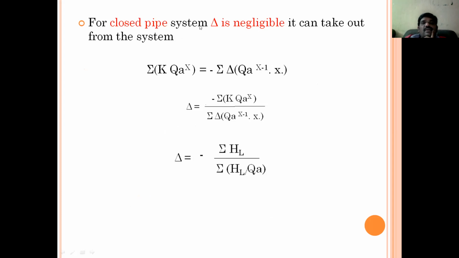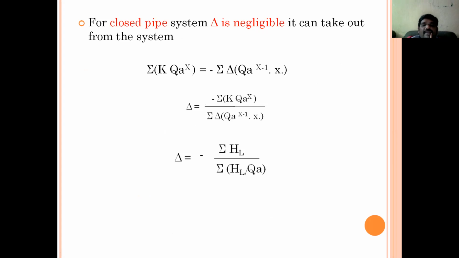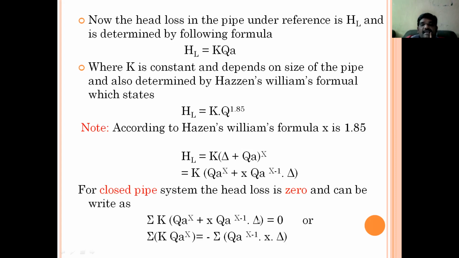Followed by, for a closed pipe system, delta is negligible. It can be taken out from the system, where we can convert it as sigma K QA power X equal simply, delta is taken out. Earlier the delta is here, now we are taking it off from the system.